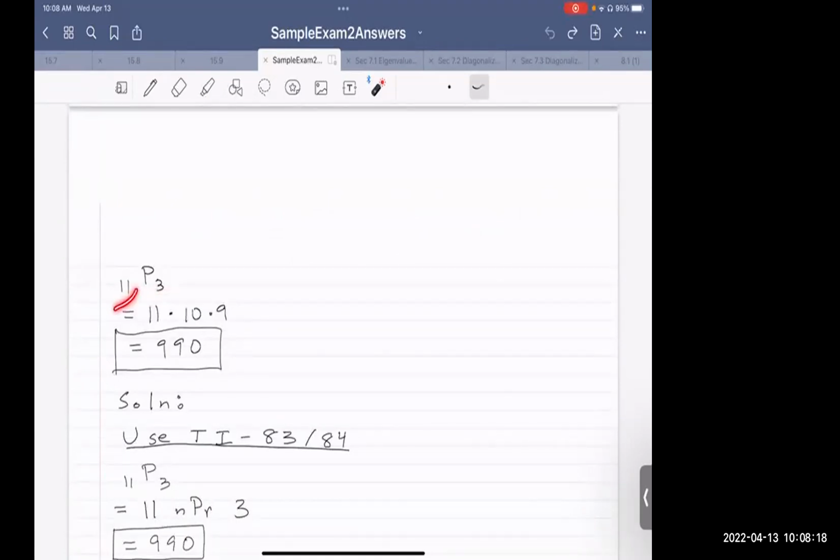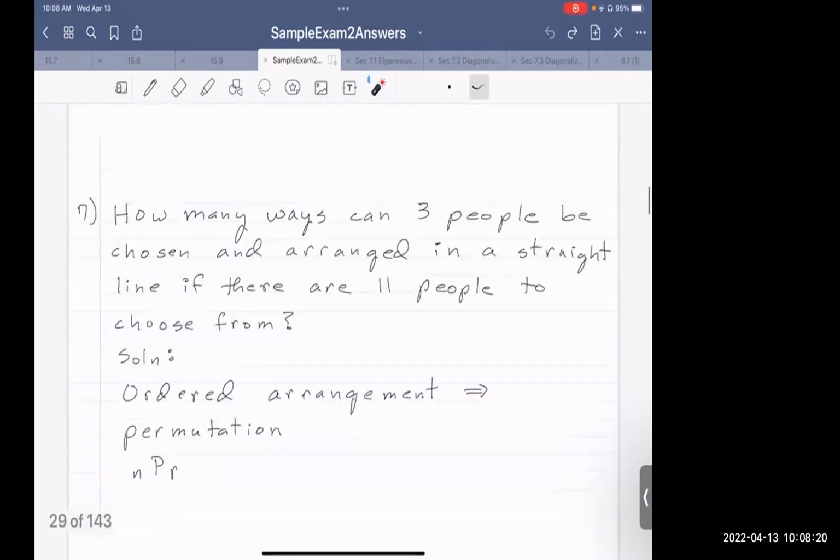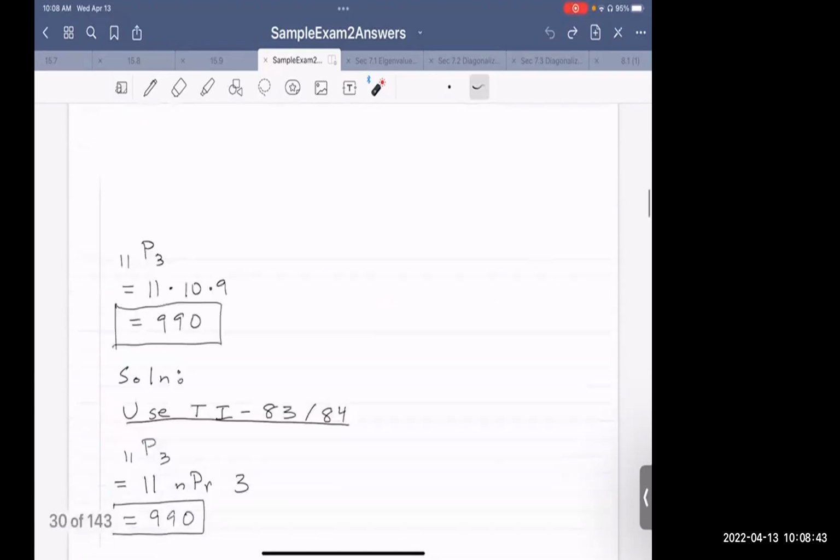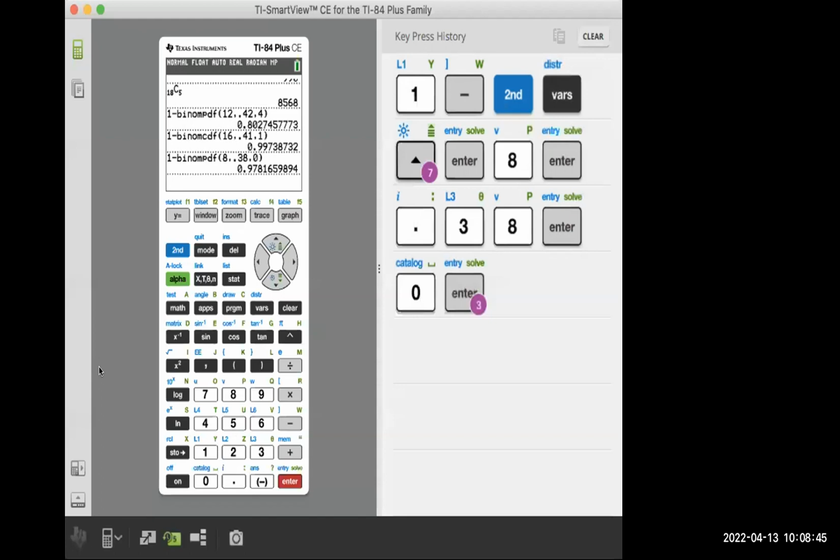So for the first one, there are 11 people I can choose to be the first person in line. After I've chosen that first person, there are only 10 people remaining that I can choose from to be in line. After I've chosen the second person, there's only 9 remaining. I can also use permutation, nPr.